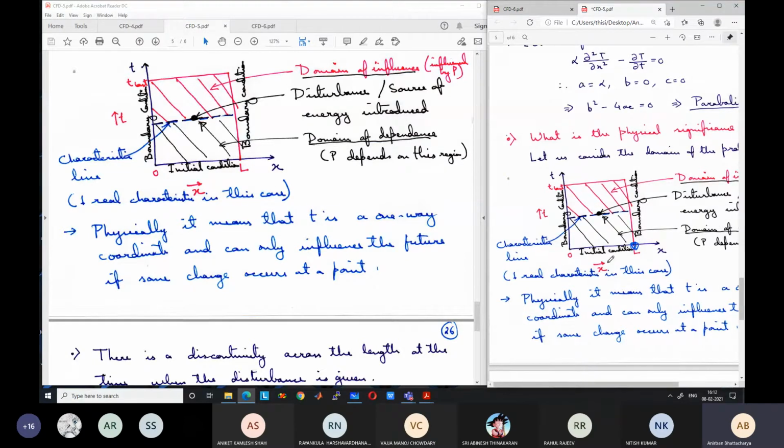Now, what is the domain of dependence and what is the domain of influence of this point? And what is the location of the characteristic line?